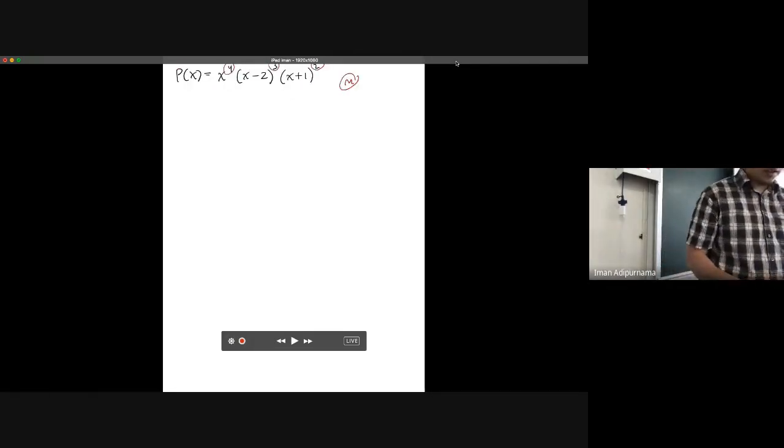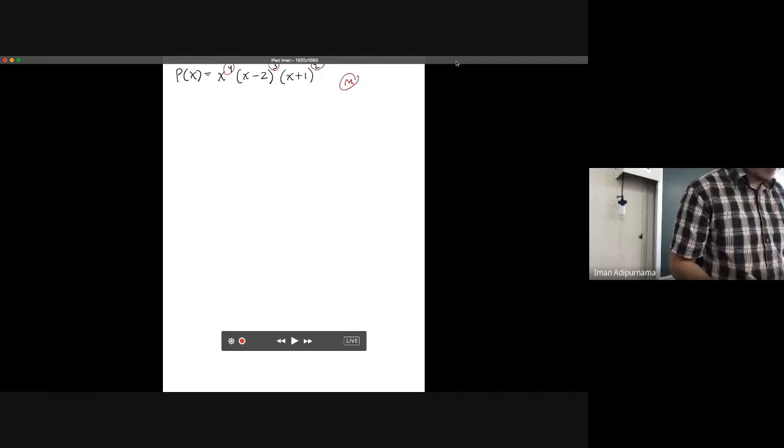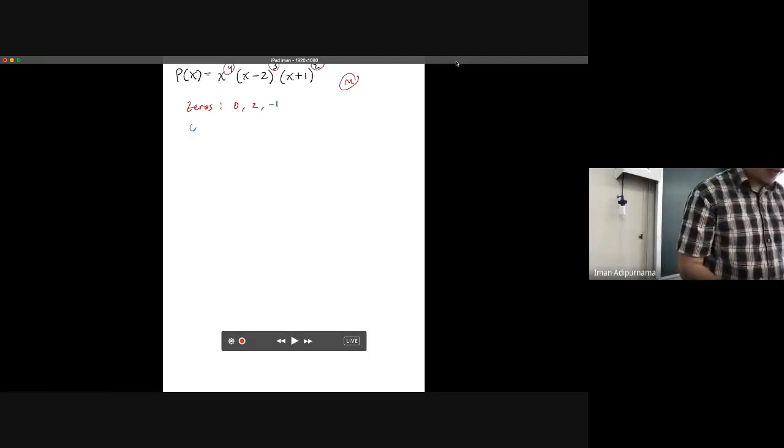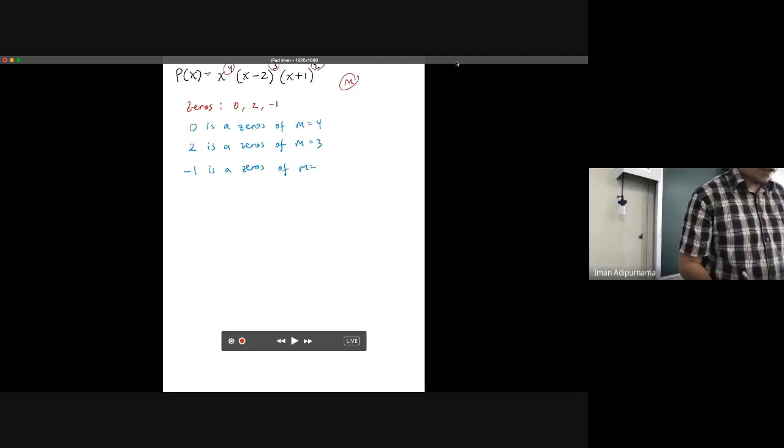So back to this question. Let's just say that the zeros are 0, 2, and -1. But because it has multiplicities of 4, 3, and 2, we can write that 0 is a zero of m equal 4, 2 is a zero of m equal 3, and -1 is a zero of m equal 2.